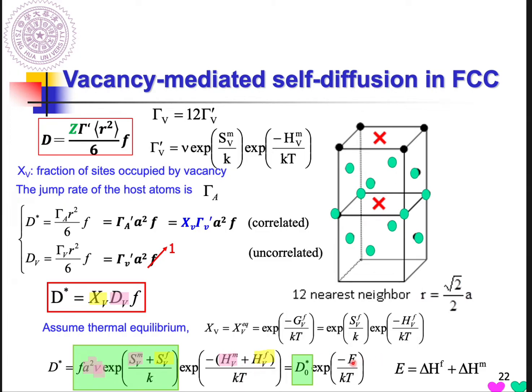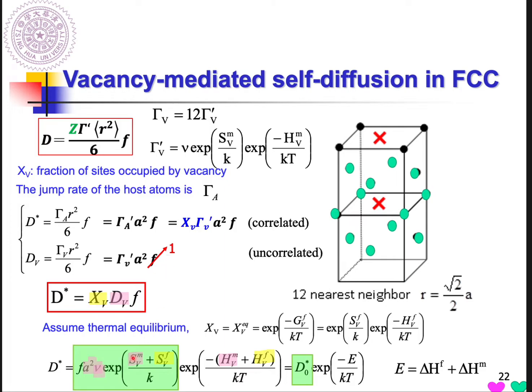In previous textbooks, or when you learn diffusivity in materials science and engineering books, you will always see this kind of expression for self-diffusivity: D0 times an exponential term, right? And what does D0 mean? What's the factor D0 here?